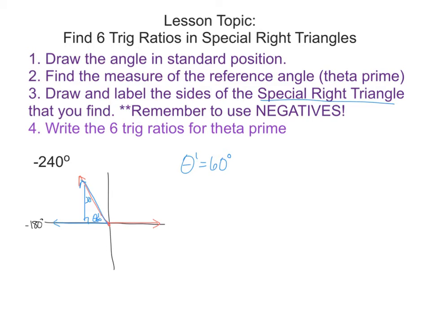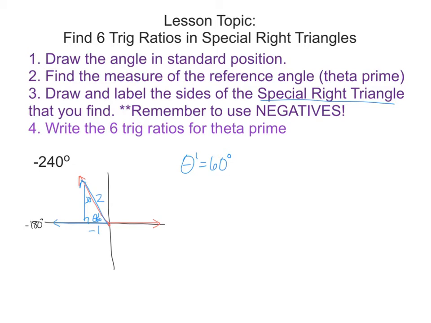Since this is a 30, 60, 90 triangle, we know that across from the 30 degree angle is our side that is 1, but we also have to think about direction or negative, so we know we're going left, which is negative 1. Across from our right angle in a 30, 60, 90 is always 2, and the side that's across from the 60 degree angle is always the square root of 3, positive or negative in this situation.